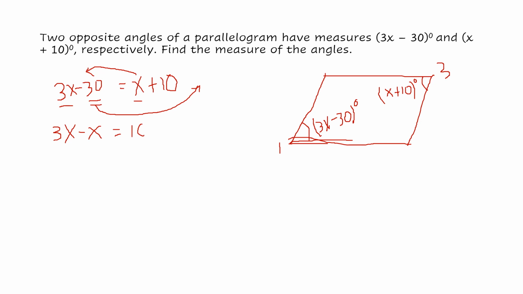So you will get 10, and since 30 is negative originally, it will become positive 30. So since 3x and there is understood 1 here minus 1x, then you get 2x equals 40.